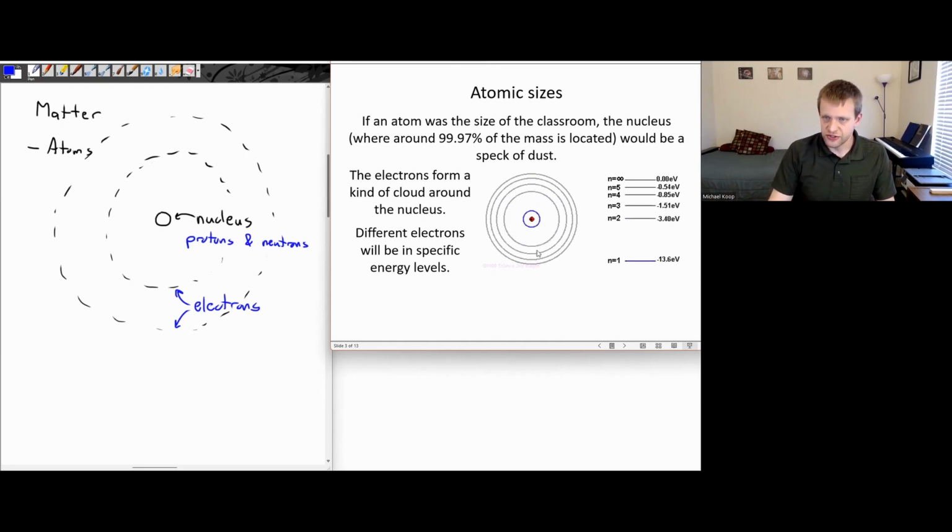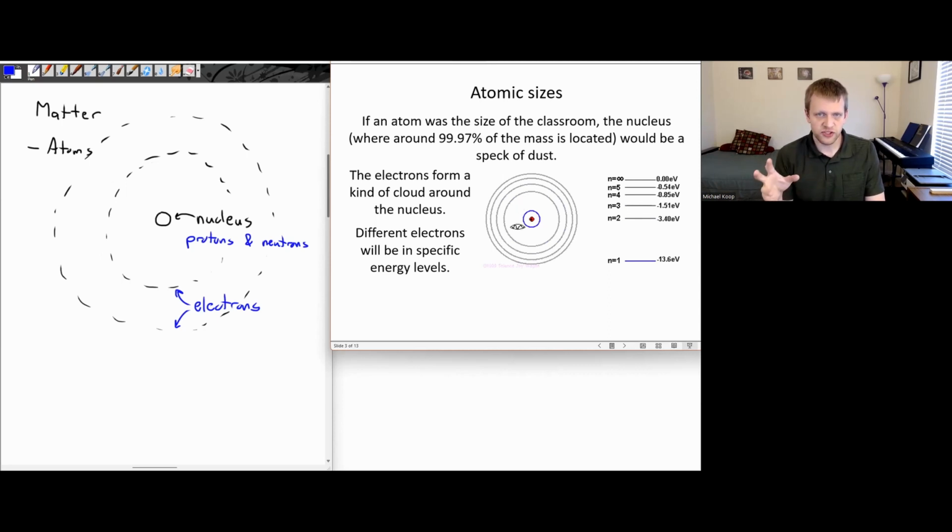Now, these electrons, as they swarm around the nucleus, can only swarm around the nucleus in specific energy levels. They can't swarm around in any way that they want to. They have to be in specific energy states.